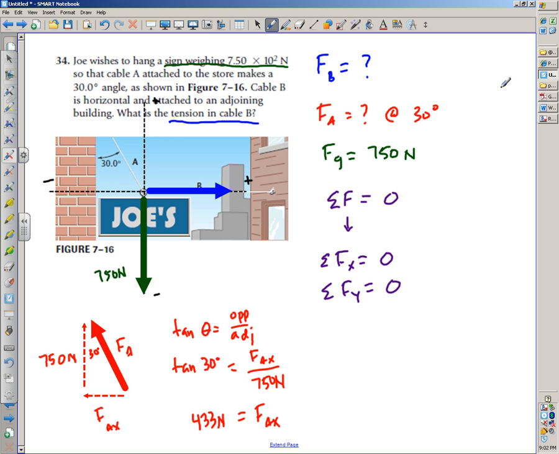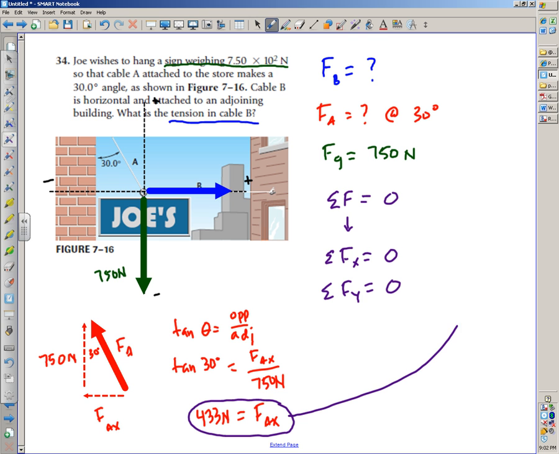And that means, because we have equilibrium on the x-axis, this is on the x-axis, but this is on the x-axis as well. So if I know what this number is, that means I know what this one is.